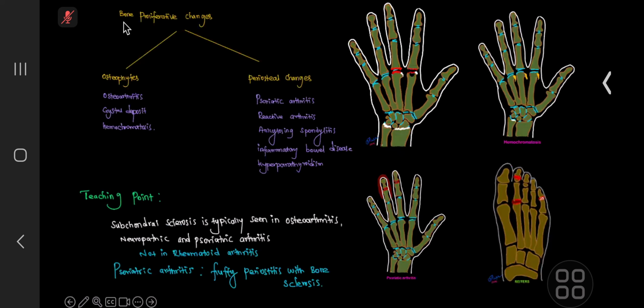The next on our list is bone proliferative changes. When we talk about bone proliferative changes, you have to see if there are any osteophytes or any periosteal changes. If you see osteophytes, you think of osteoarthritis, crystal deposits, and hemochromatosis.